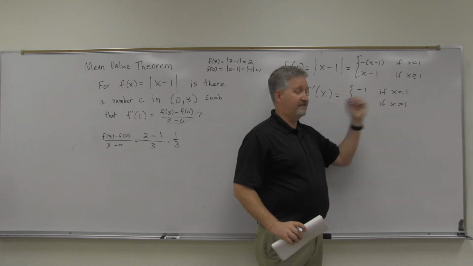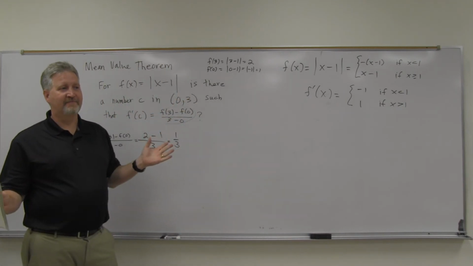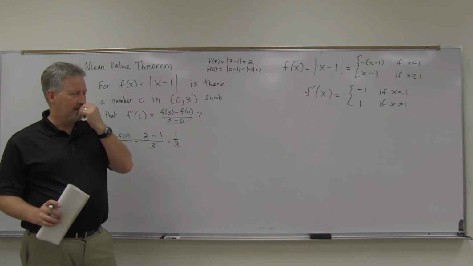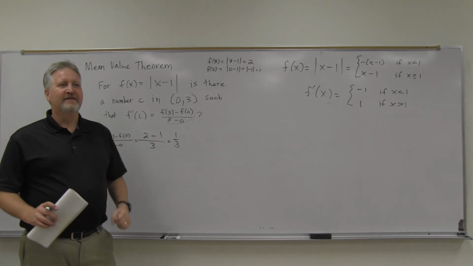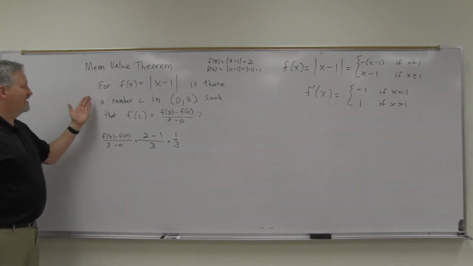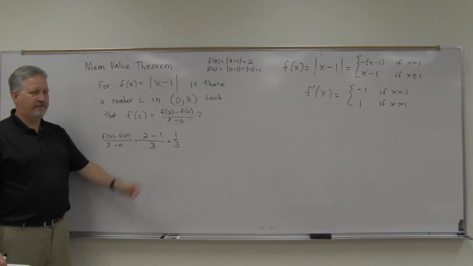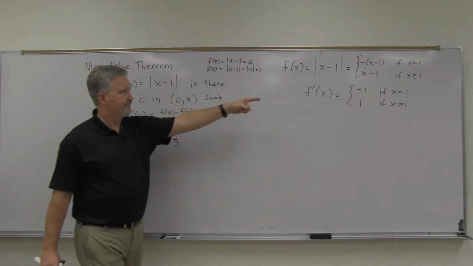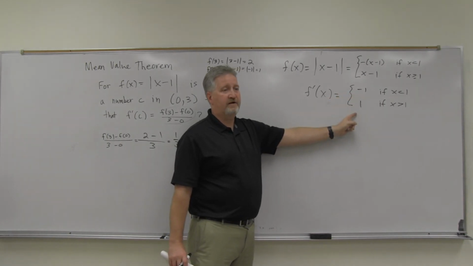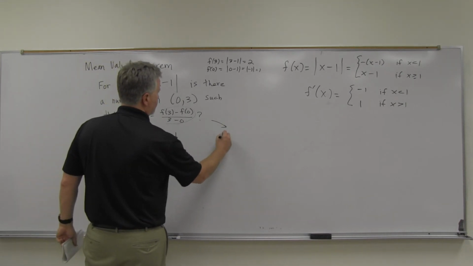So I left that off for a reason. But anyway, back to our question. The question was, is there a number c such that f prime of c equals 1/3? Nope. The only derivatives f has are negative 1 and positive 1. So the answer to the question, is there a number c? No, there is not.